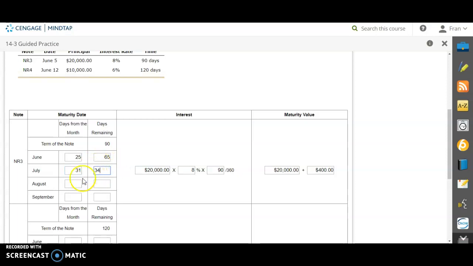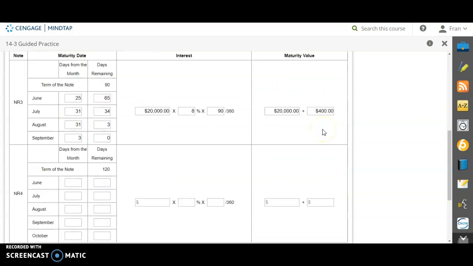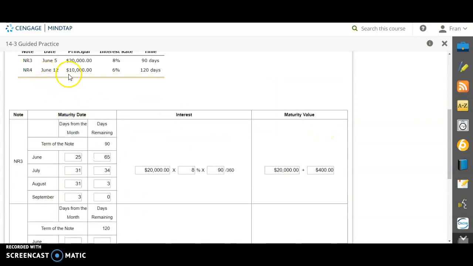So at the end of July, we still have 34 days to go. August also has 31 days, so at the end of August, we only have 3 days left. So this loan will be due on September 3rd. We put 0 here because we don't have any days remaining. And that is the first loan. The next one is $10,000, 6%, 120 days.